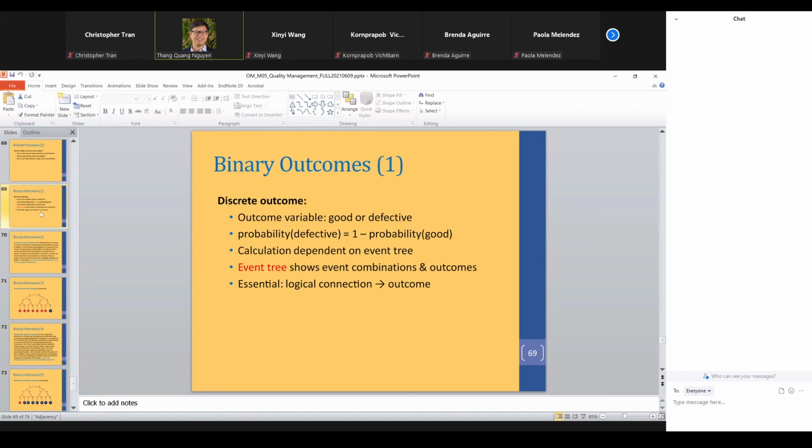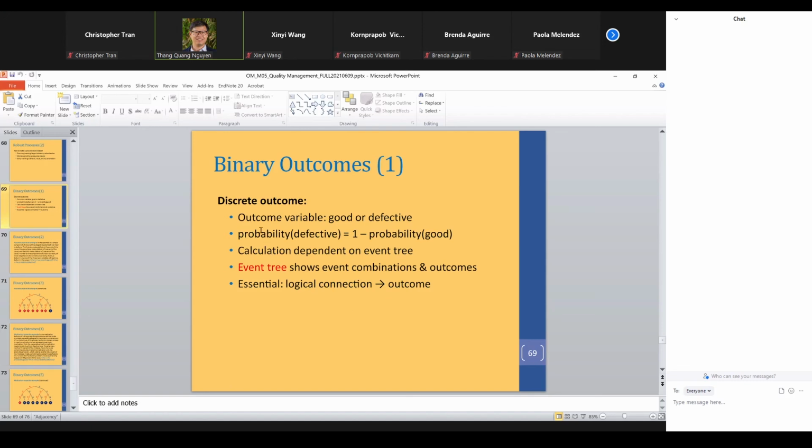So at the end of the tour, we might ask the tourists, "Are you happy with our service or not?" Right? They might say good or not good, things like that. So there are two possible outcomes that we get from the end, right? So the binary outcomes topic here can be applied to many things, as long as there are only two outcomes: good and bad, defective or good, right?